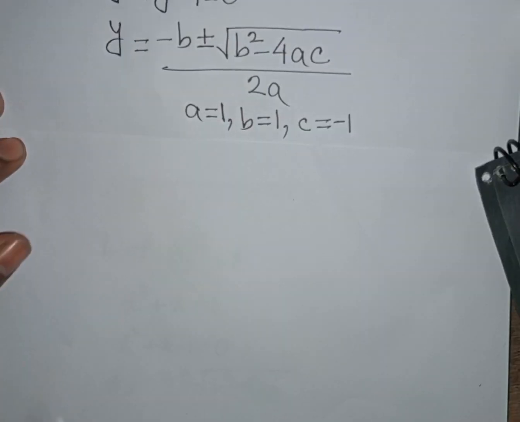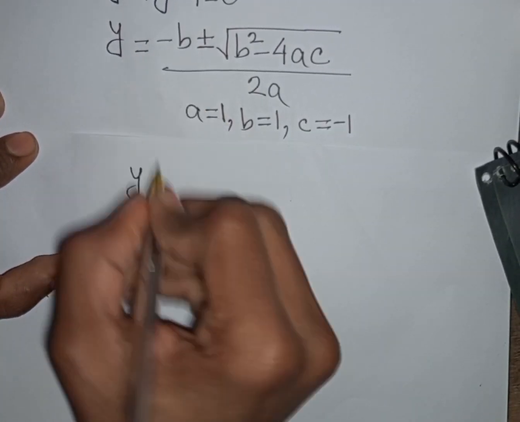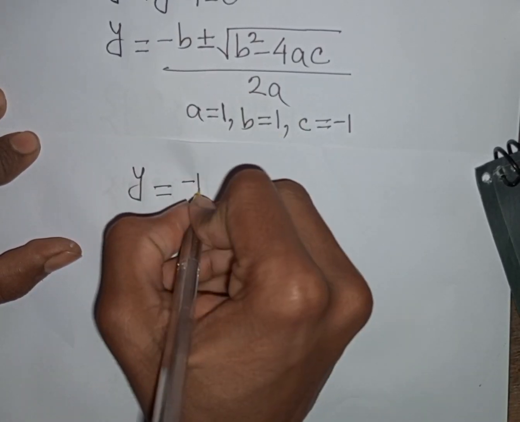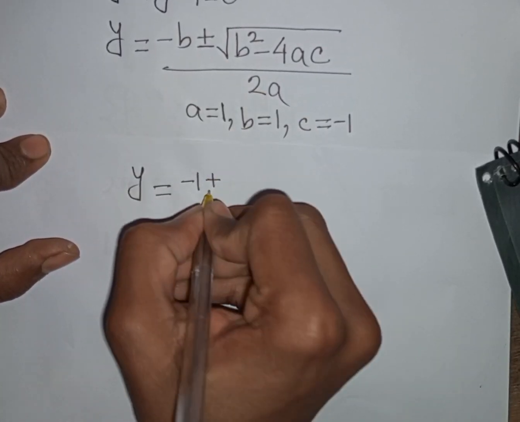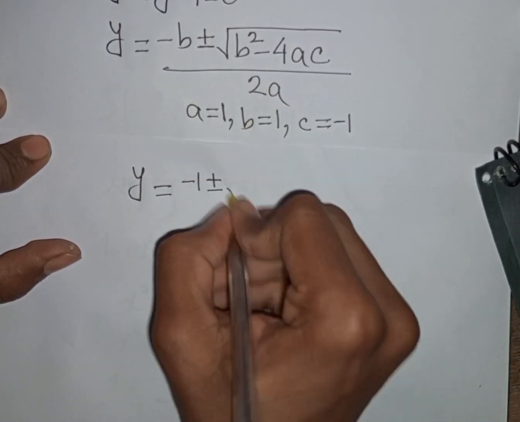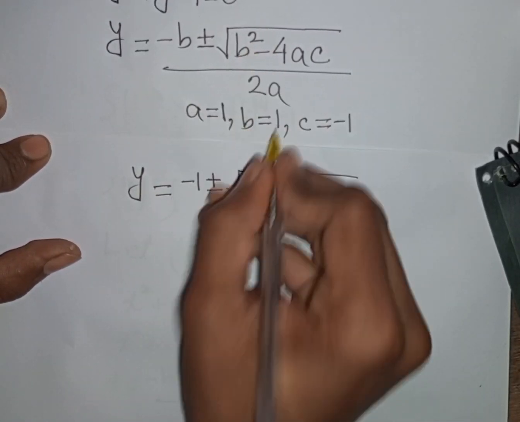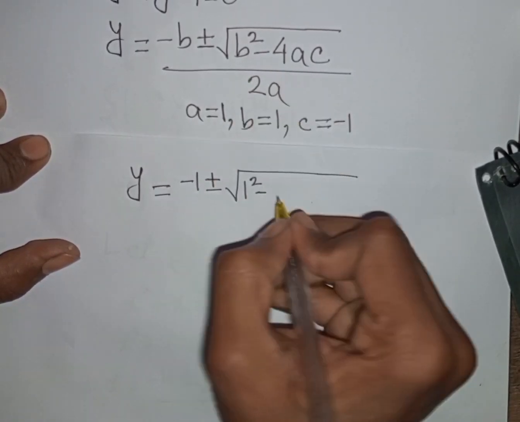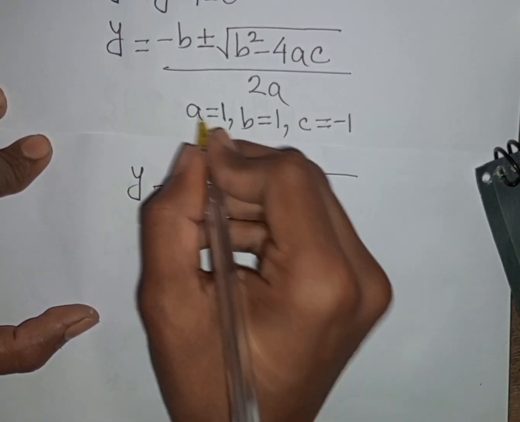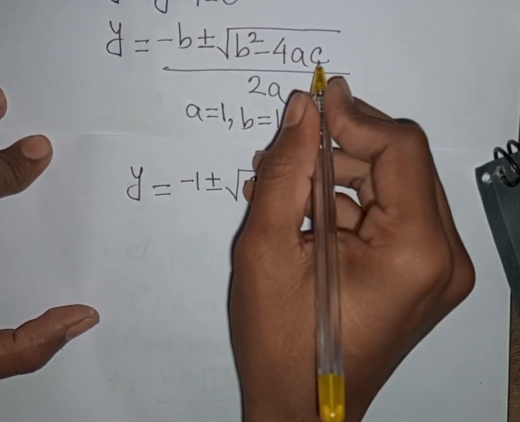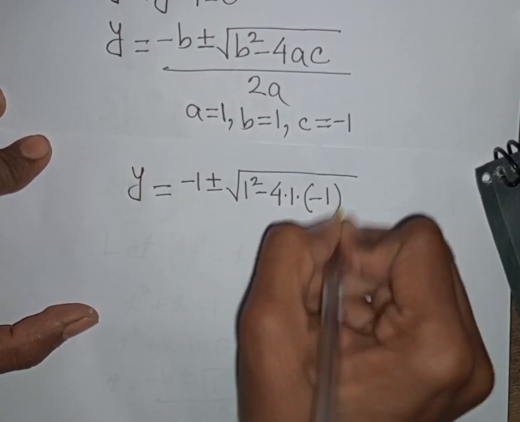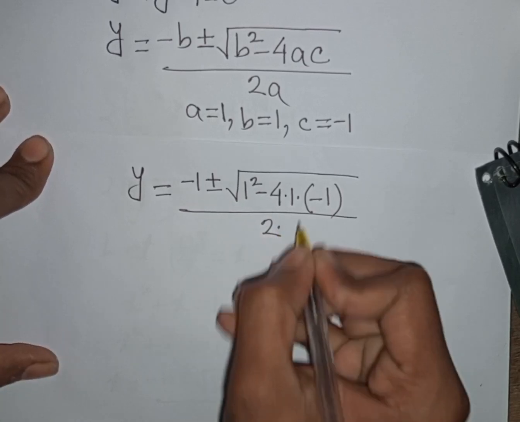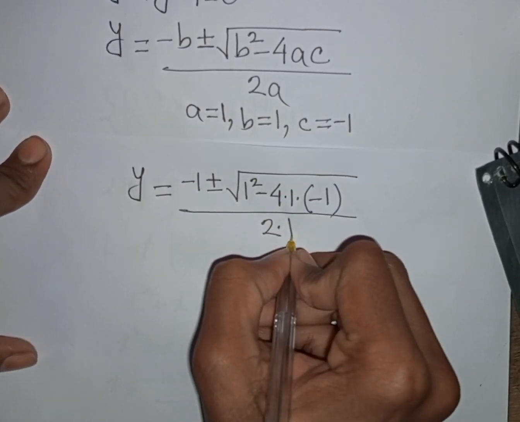Now we can write y will be equal to minus b, that means 1, then plus or minus square root of b square, that means 1 square, minus 4 times a, that means 1, times c, that means negative 1. So bracket negative 1, then divided by 2 times a, that means 1.